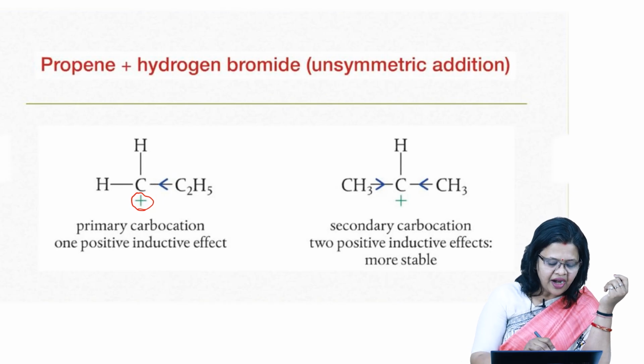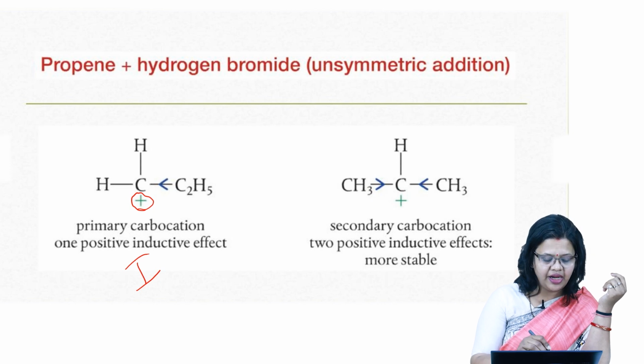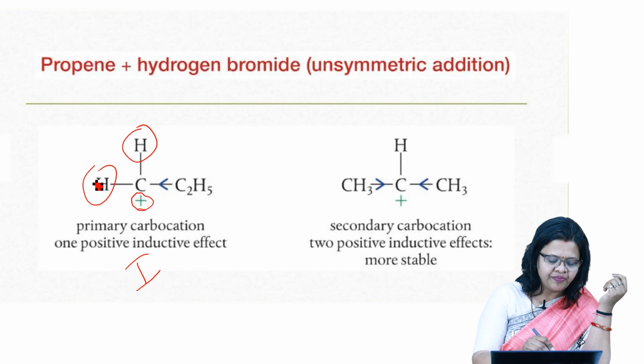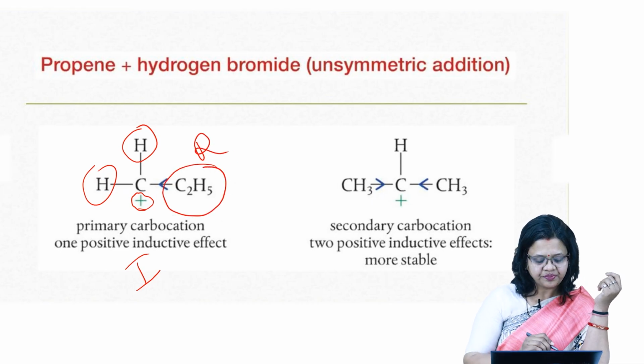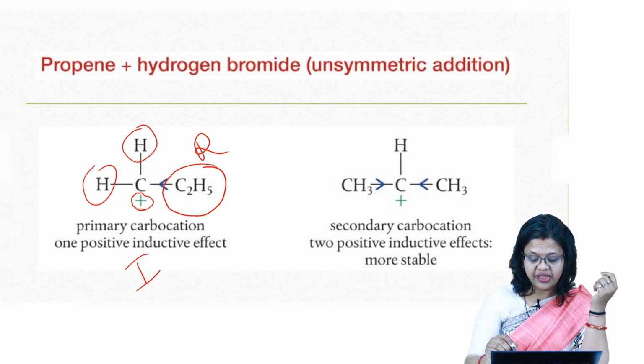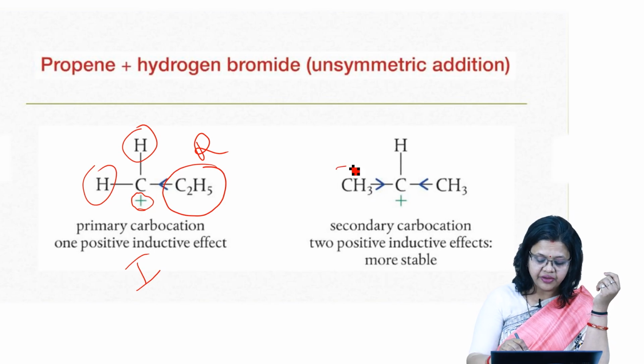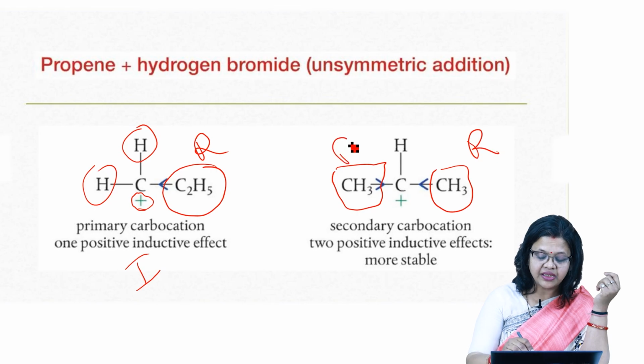So here, the first molecule is a primary carbocation, because the carbon is attached to two hydrogens and one of the hydrogens is replaced by an alkyl group. Whereas in the other, in place of another hydrogen, we have two alkyl groups attached to it.